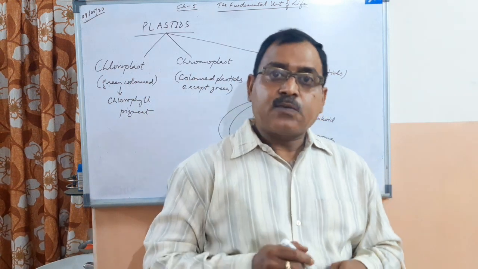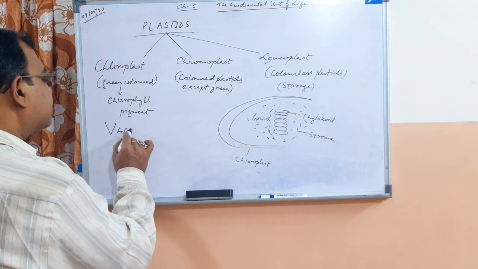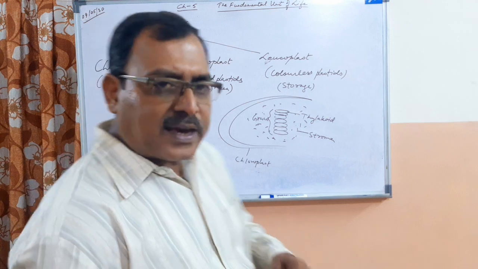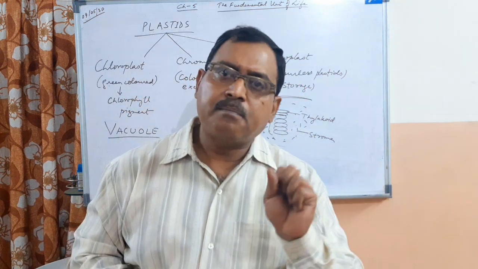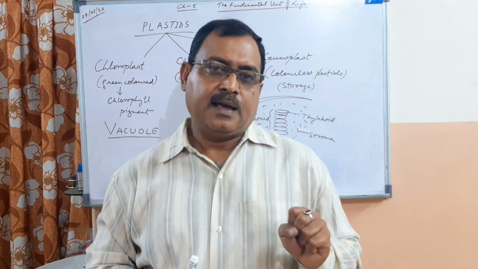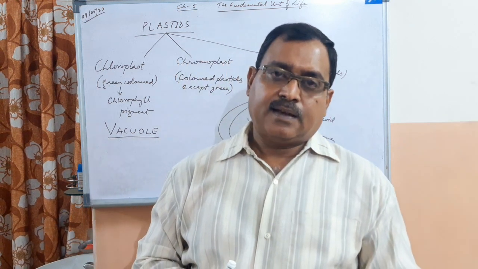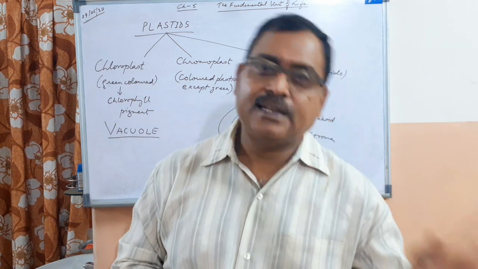Next we come to vacuole. Now vacuoles are very prominent in plant cell. But if they are present in animal cell, that means vacuoles may also be absent in animal cell.